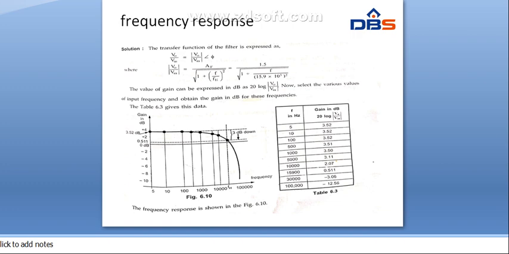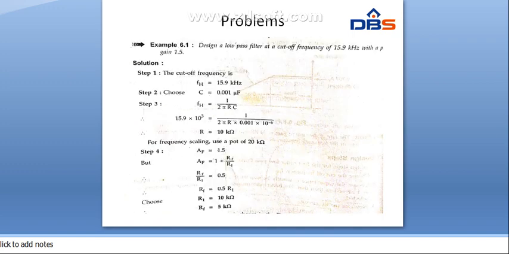When the frequency increases, the gain decreases. That means it passes the lower frequencies. From this graph we can identify that it passes the lower frequencies and attenuates the higher frequencies. It passes up to 15 kilohertz.